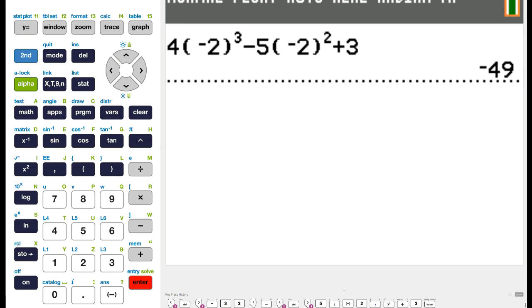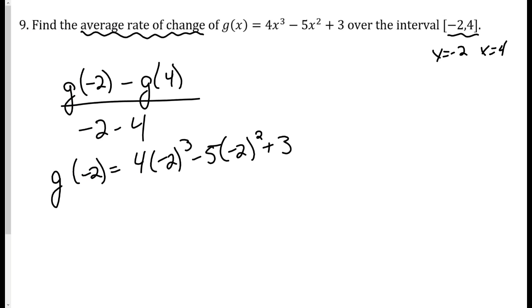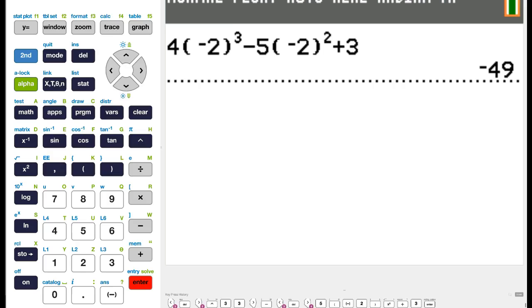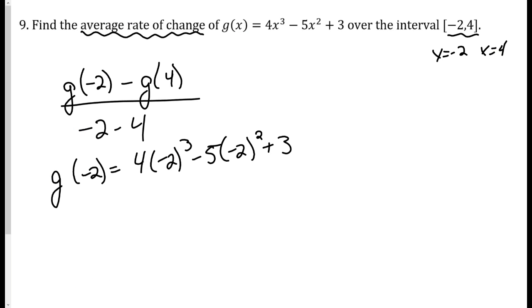So that has a y value of negative 49. Let me just make sure I typed it in right. Yes, we did. So g of negative 2 is negative 49.